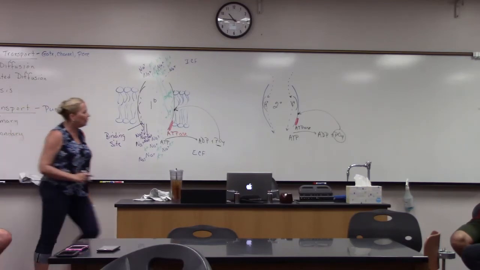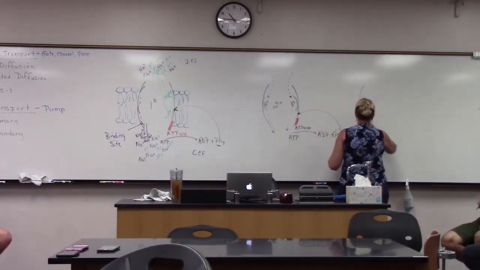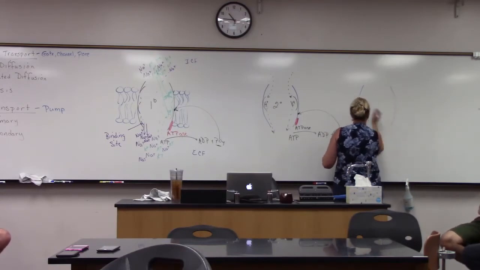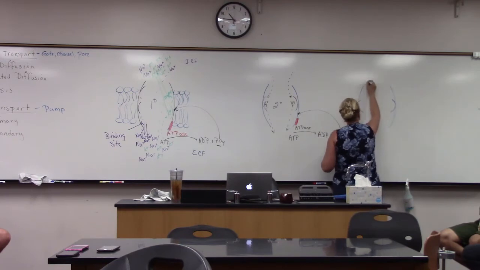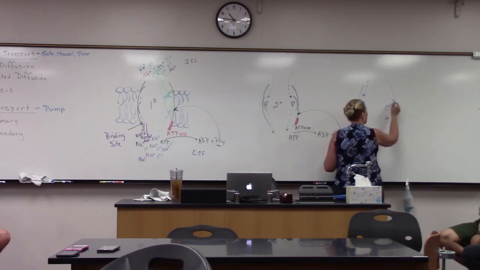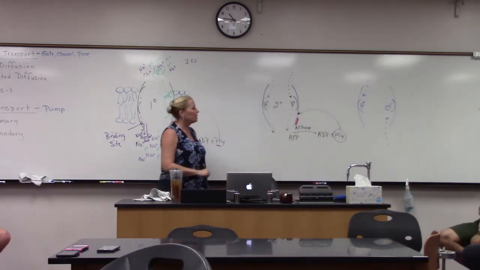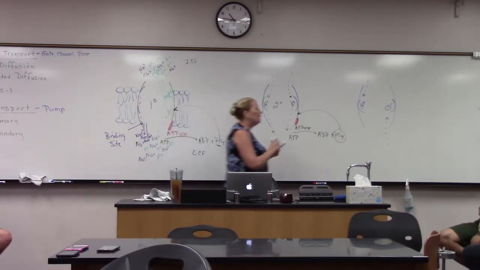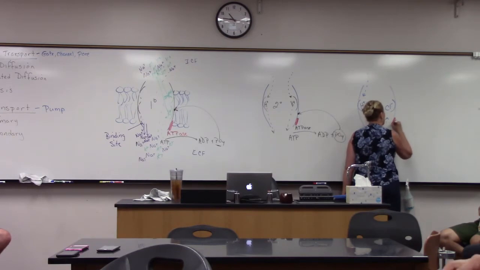Okay, let's try one more. Let's say that you have this type of pump here, and you have two binding sites again. But this time, you're going to bring hydrogen in, and in the opposite direction, you're going to bring a chloride ion in. So they're not coming in the same direction, they're doing the opposite thing. Same thing again, we always have an ATPase enzyme going on here.